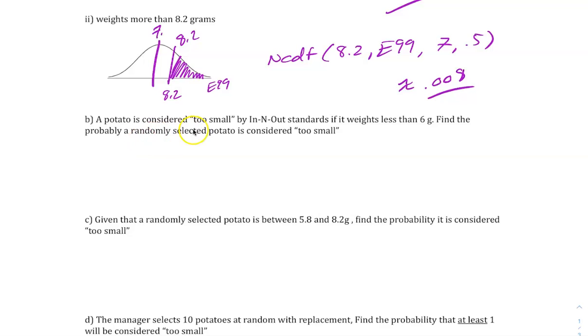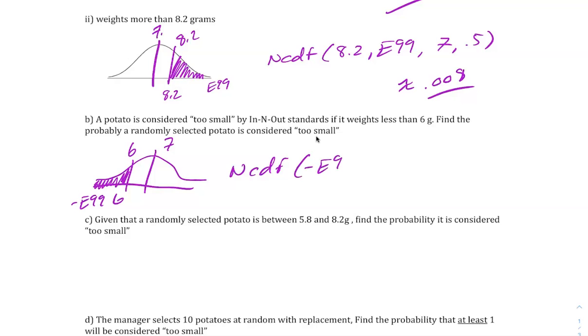The potato is considered too small by In-N-Out standards if it weighs less than 6 grams. Find the probability the selected potato is considered too small. So I gotta do less than 6. So here's 7. 6 will be over here somewhere. Anything less than this. So we're gonna go negative E99 to 6. So normal CDF, negative E99 to 6. Everything else stays the same.